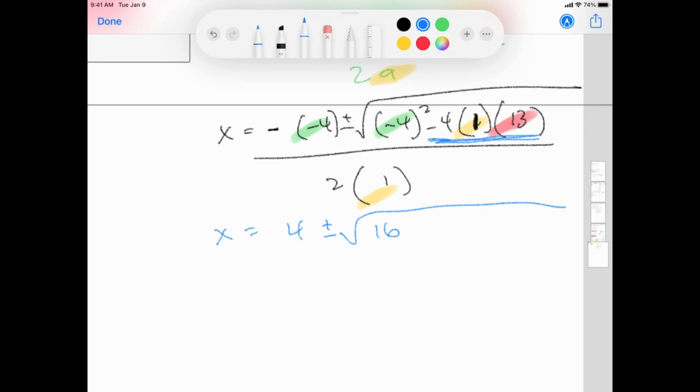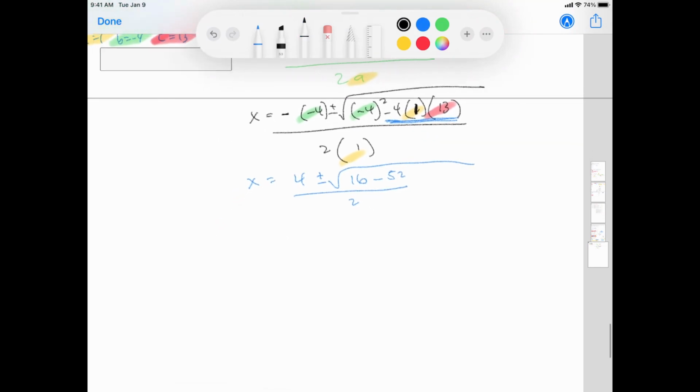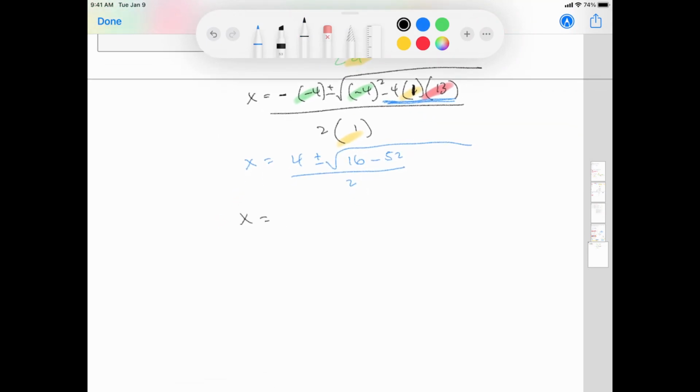Negative 4 times 1 times 13 is going to give me a negative 52, all over 2. All right, let's keep simplifying this one. 4 plus or minus, double check here, 16 minus 52 is going to give me a negative 36 all over 2.